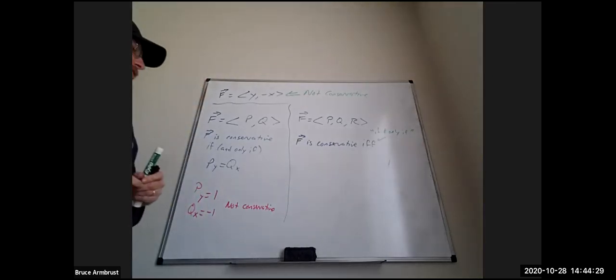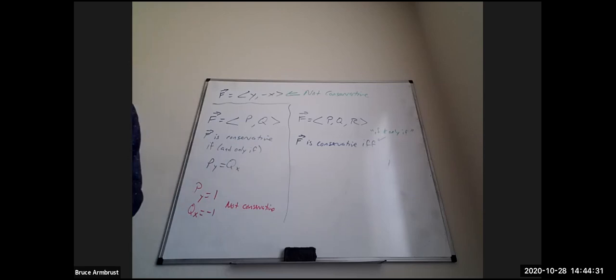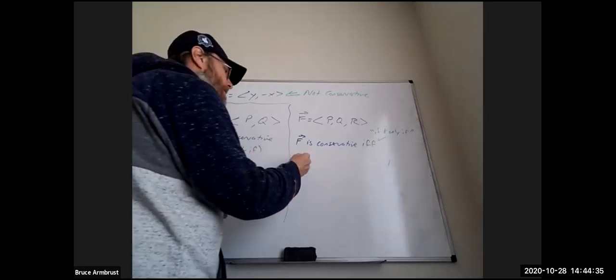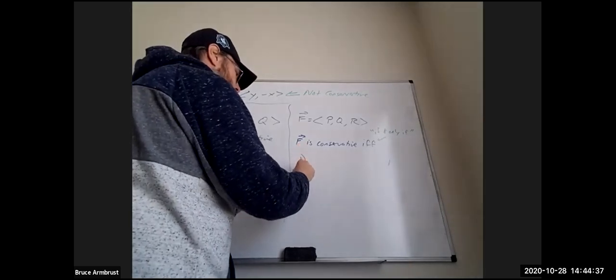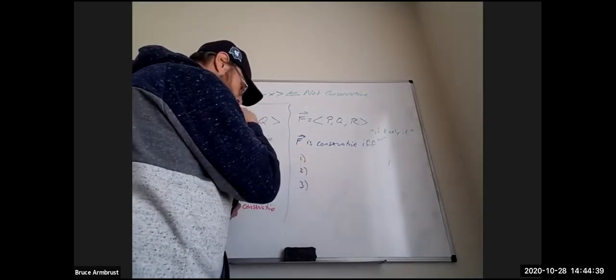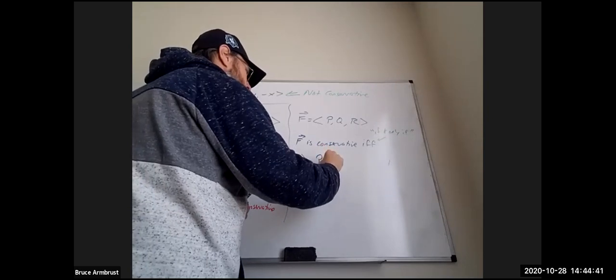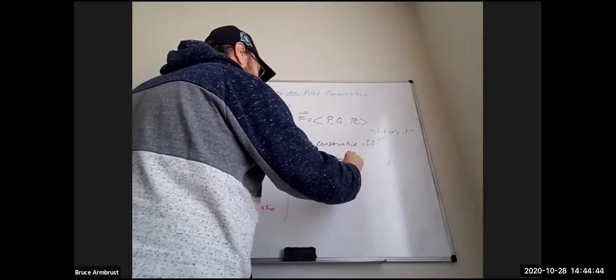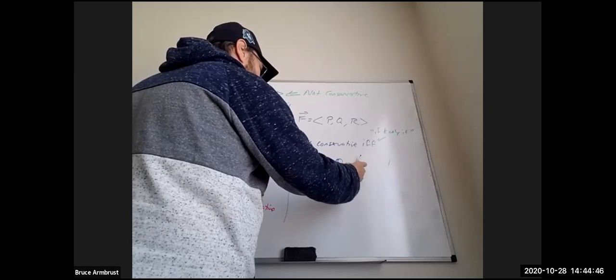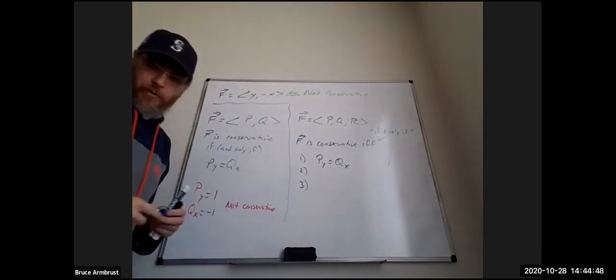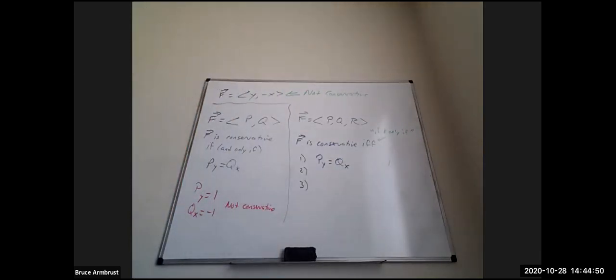All right. So now here is the condition that's needed for this guy. Now, there are actually three things that we need. The first one is the same as what we had in the 2D case. The partial of p with respect to y has to equal the partial of q with respect to x.